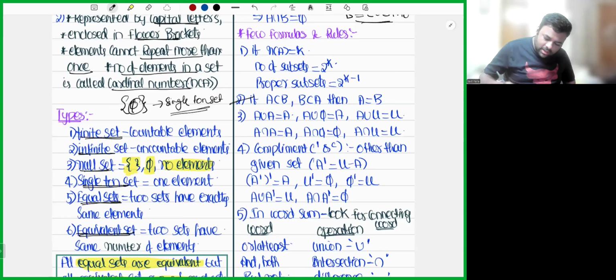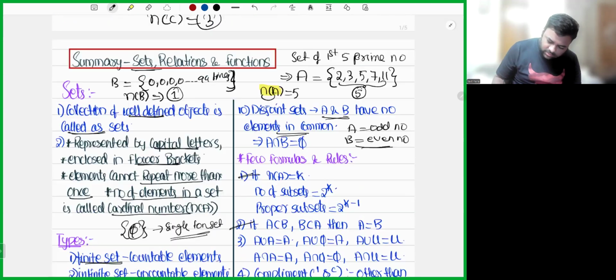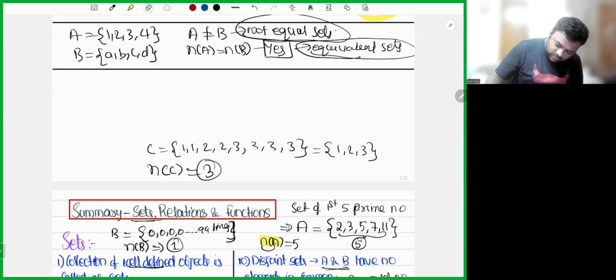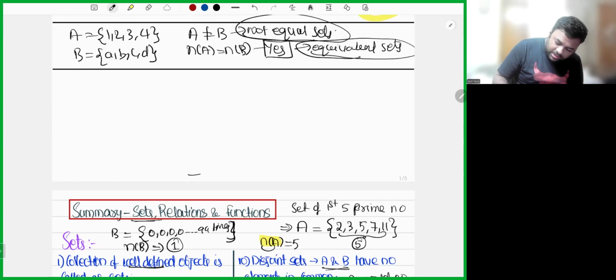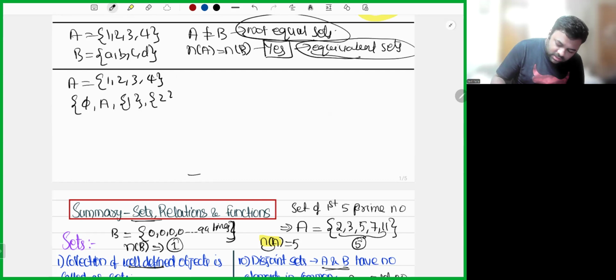Now, what do you think? If n of A is equal to k, how many subsets are possible? Let's see. I'm telling A is equal to 1, 2, 3, 4. How many subsets are possible? First, the null set. Next, every set is a subset of itself.